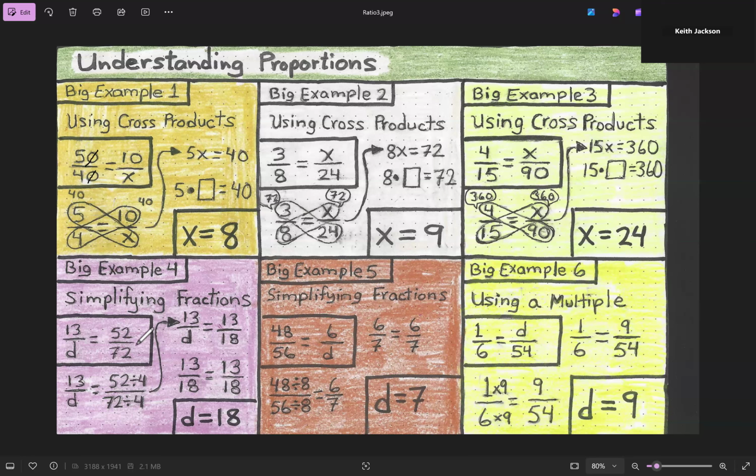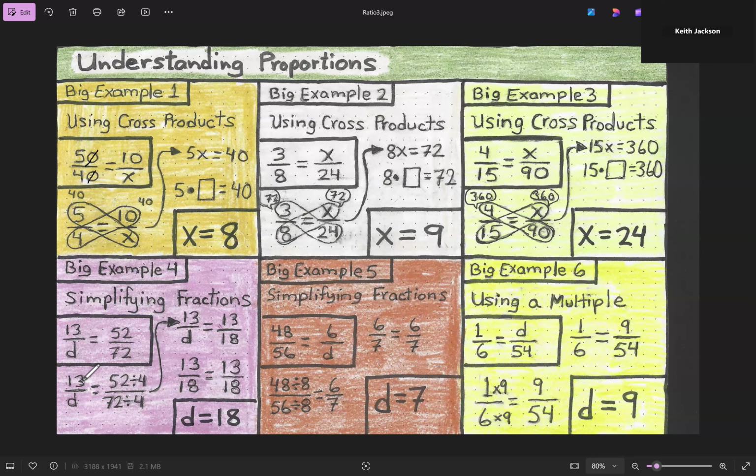Now let's move on to big example 4, in which we're going to simplify the fraction. We can simplify 52 over 72 by dividing both numbers by 4. And when we do that, we get 13 over 18, right? Because 52 divided by 4 would give us 13, and 72 divided by 4 would give us 18. And here is the good news.